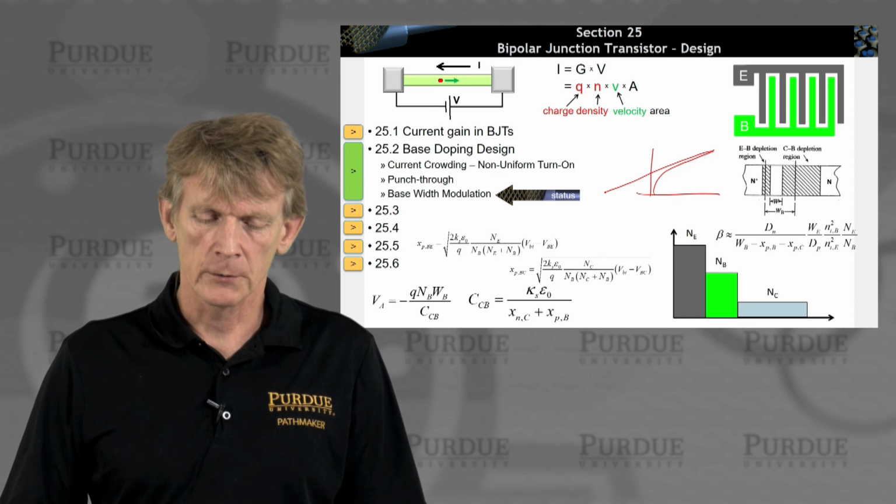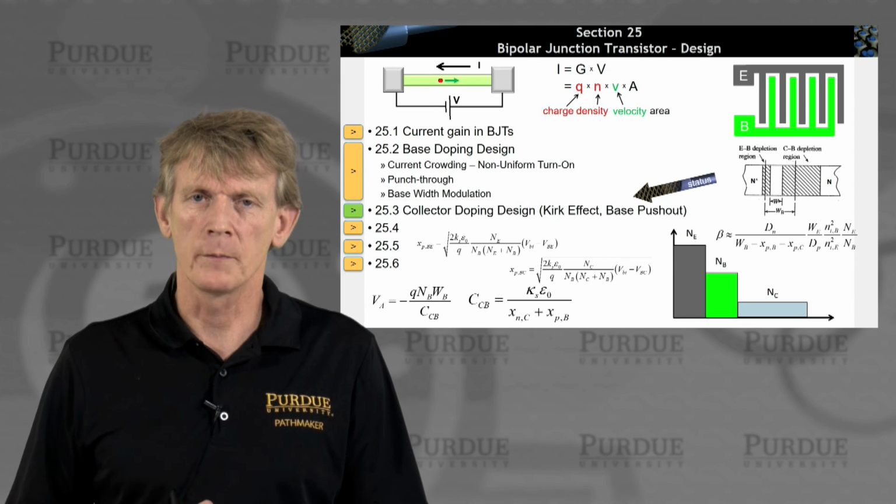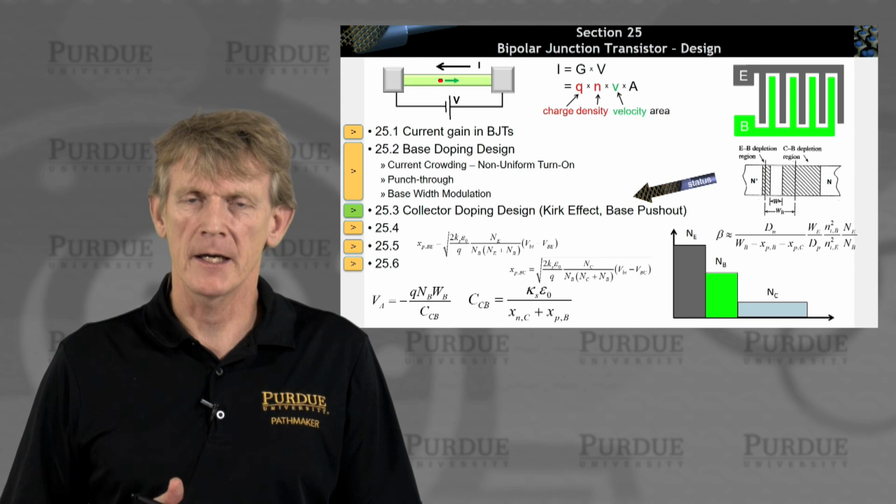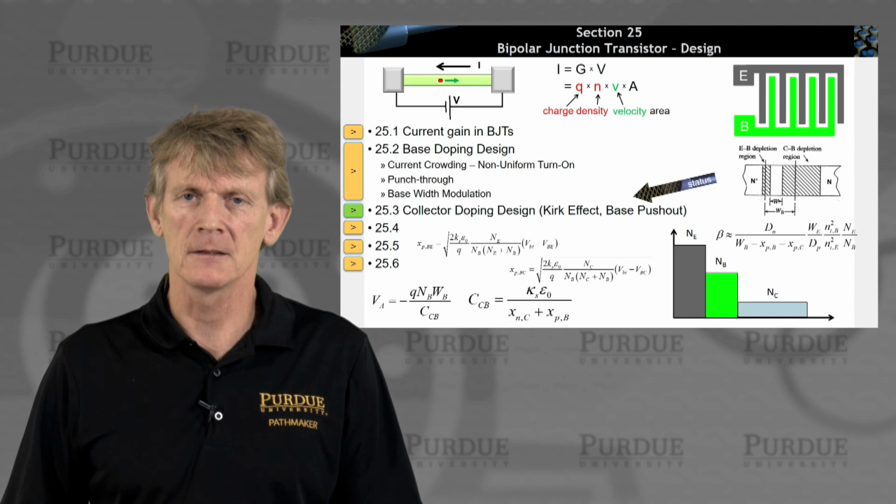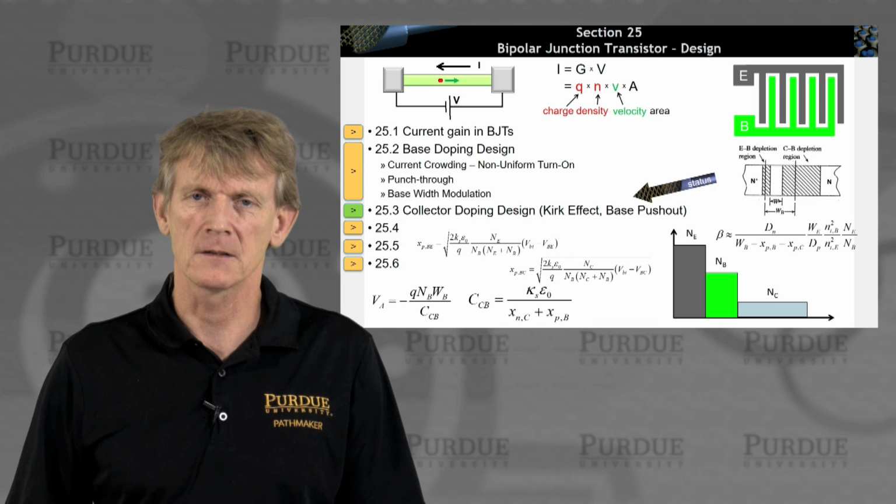So what are we going to do next? We're going to look at collector doping, where we can manage some interesting aspects and maybe make the design better, but we'll discover some other detrimental effects as well, the Kirk effect and base push out. So I'll see you at the next section.